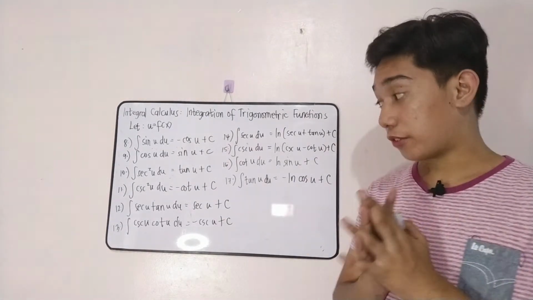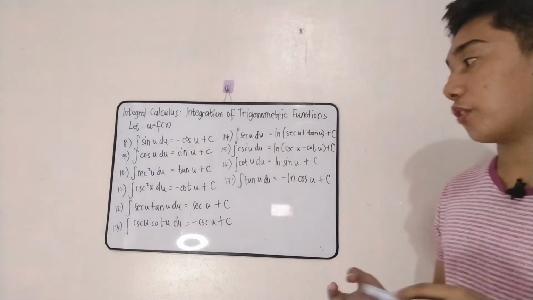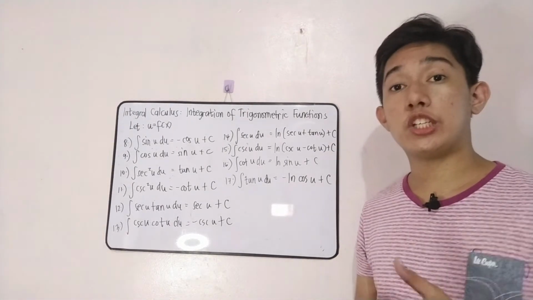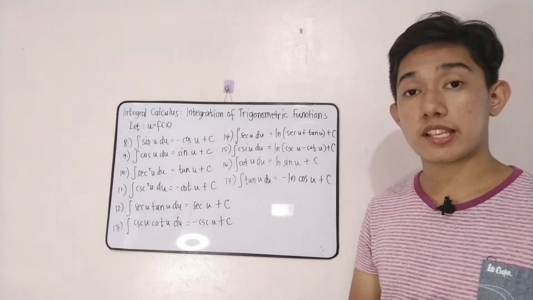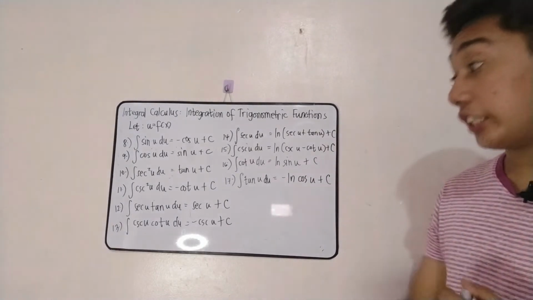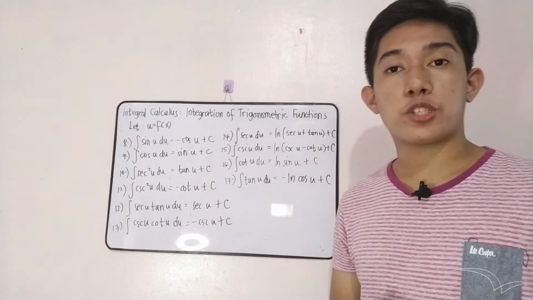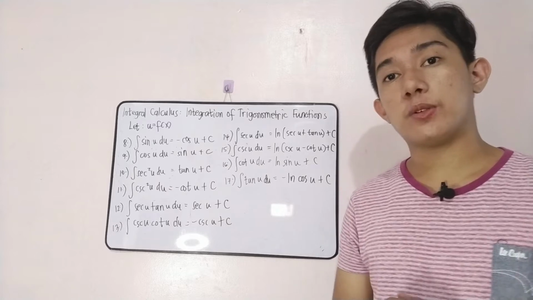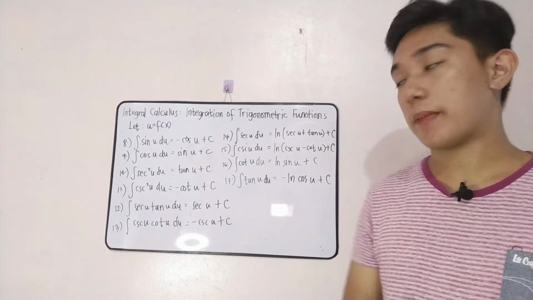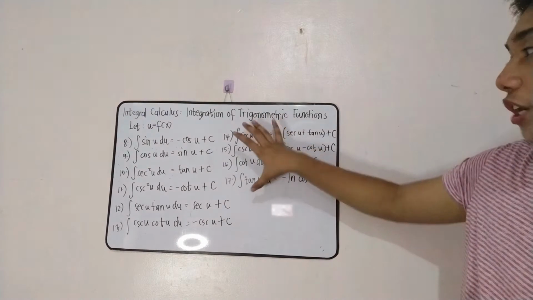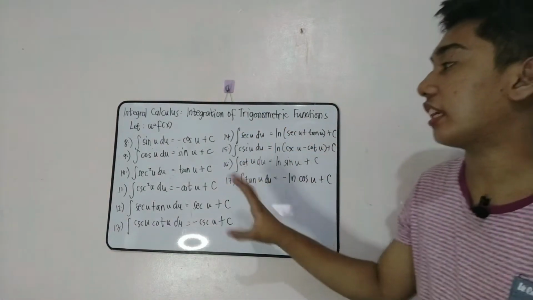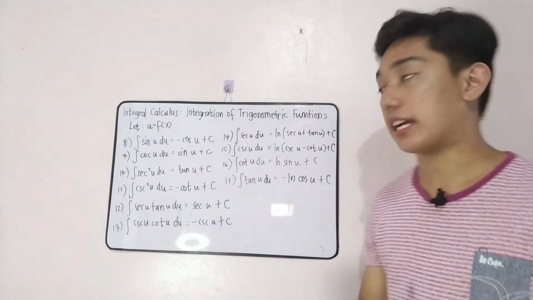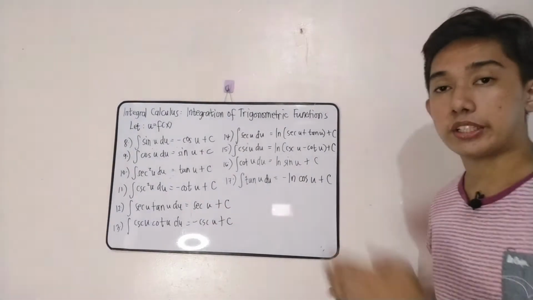Then for the 12th rule, the integration of secant u times tangent u du is equal to secant u plus c. Then the 13th rule, the integration of cosecant u cotangent u du is equal to negative cosecant u plus c. And this is something new for us, because before, these were the only ones we got from derivatives, right? But this time we have something new.